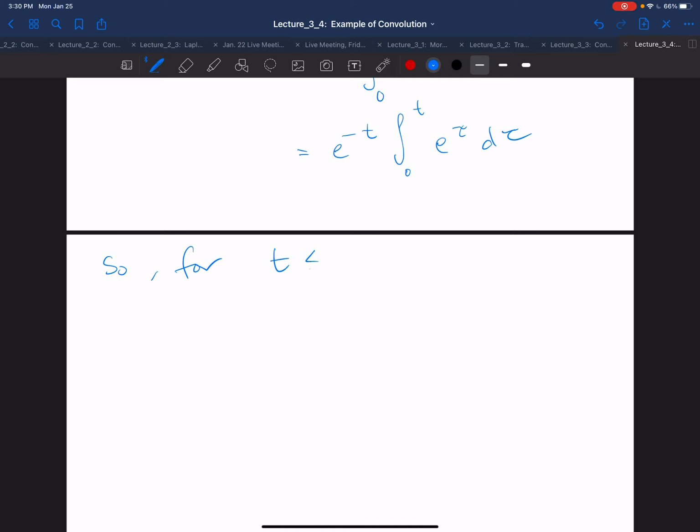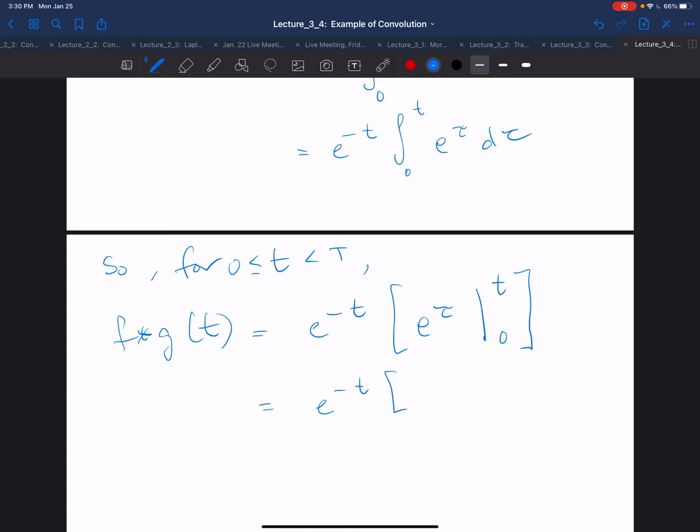So for this case where little t is less than big T, f star g of t is going to be e to the minus t times e to the tau evaluated at t minus e to the tau evaluated at tau equals 0. So that'll be e to the minus t times e to the t minus 1, or in other words, 1 minus e to the minus t.